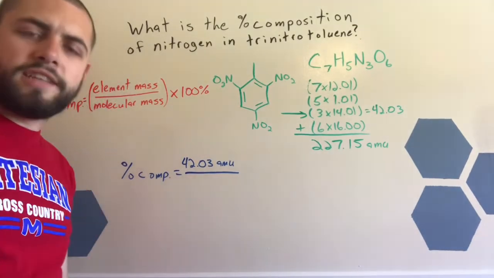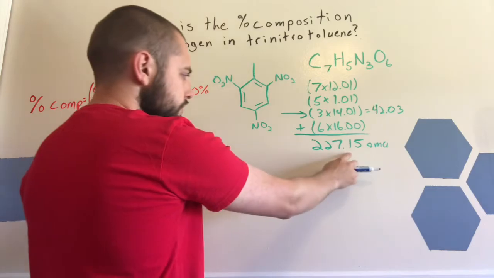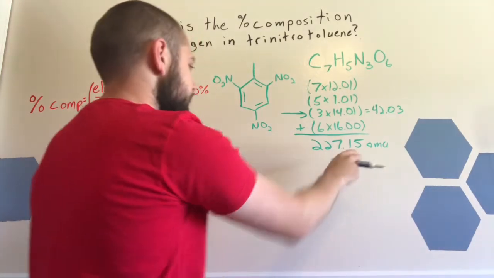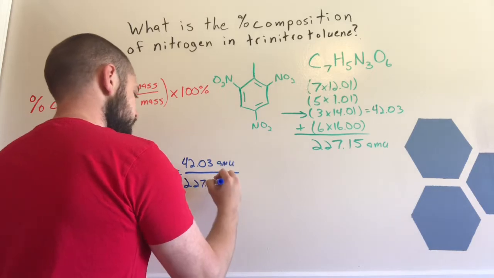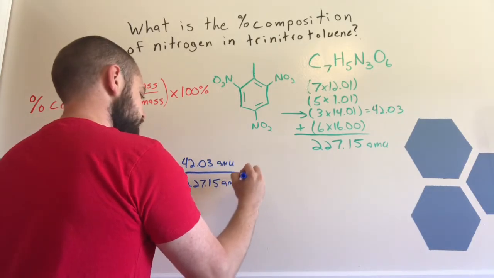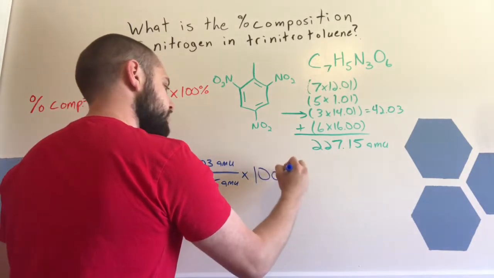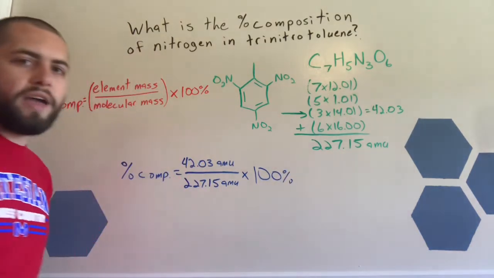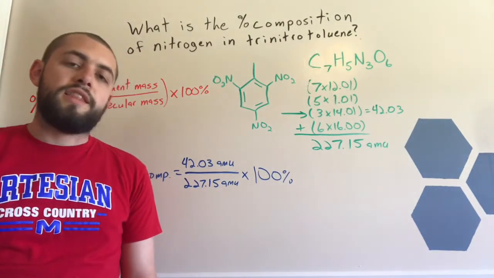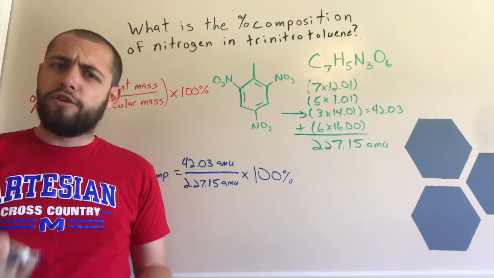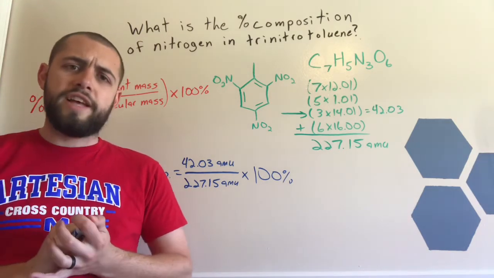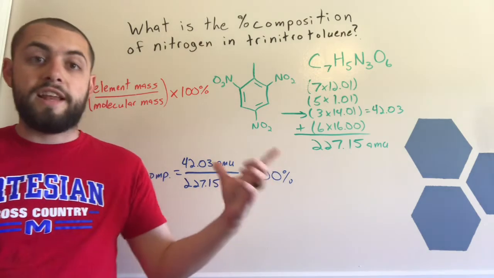And I actually already did this since that's what I started with. It's about 227 atomic mass units, 227, about 0.15. And I'm going to multiply all of that by 100%. That just changes it into a percentage. It's not actually going to change the value. It's just going to move the decimal point and give it that percent sign.